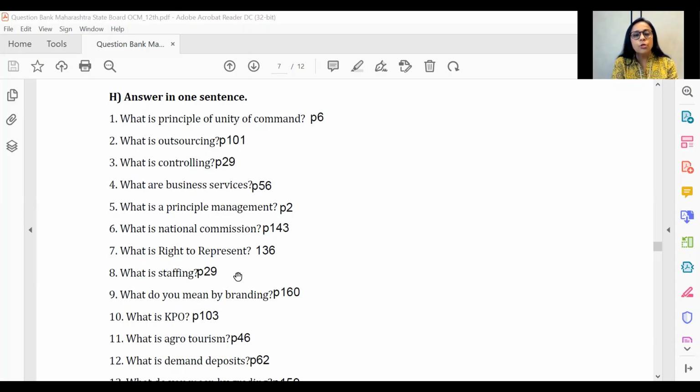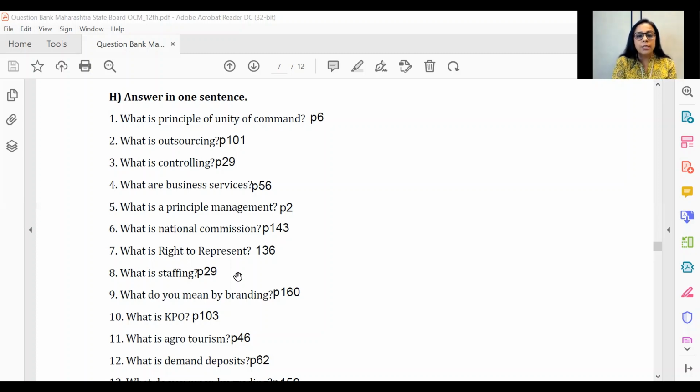But you should know that for your answer in one sentence or for 2 marks, it could be any of the management functions. It could be any one. So there is nothing like the paper is going to come only from this. Just a simple practice paper, revision paper that the board has asked you all to do.